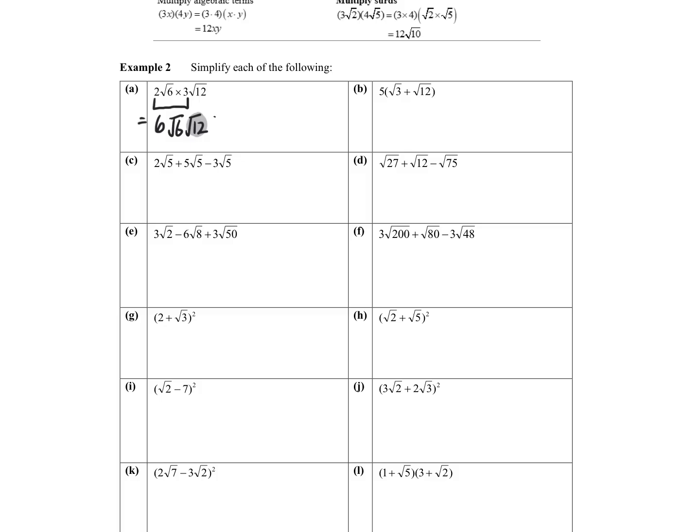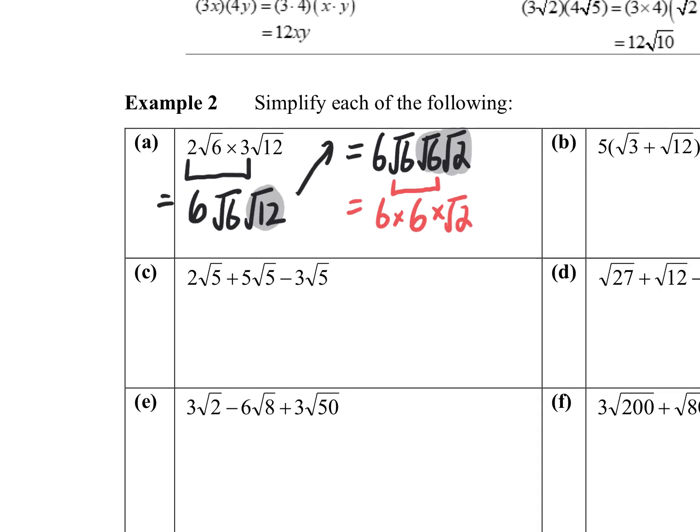To become what? 4 and 3, but I cannot get rid of the root 6. So it's better to split it as root 2 and root 6. Okay, I will split my root 12 into root 6 and root 2 so that this thing here can simplify to be 6. So you end up having 36 root 2.